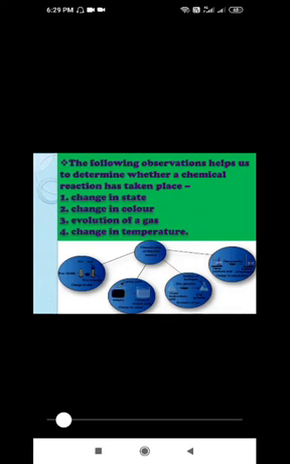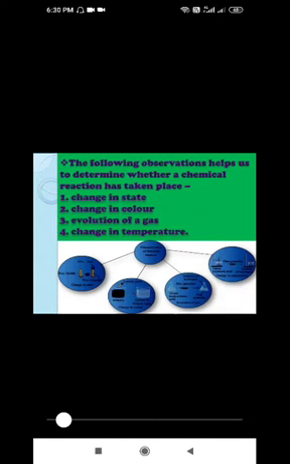So what are the indications by which we can come to know whether a chemical change or chemical reaction has taken place? There are certain things given here through which you can make this clear in your mind: this has happened, it means the chemical reaction has taken place.